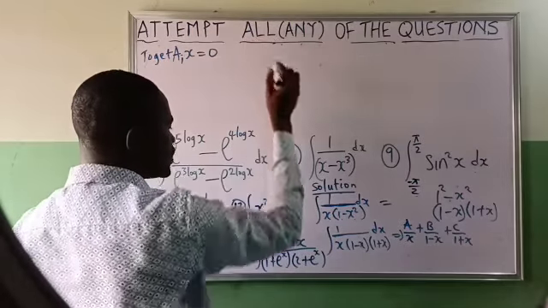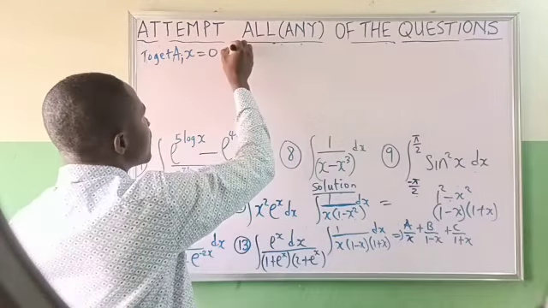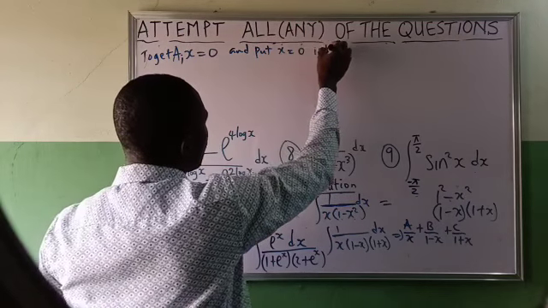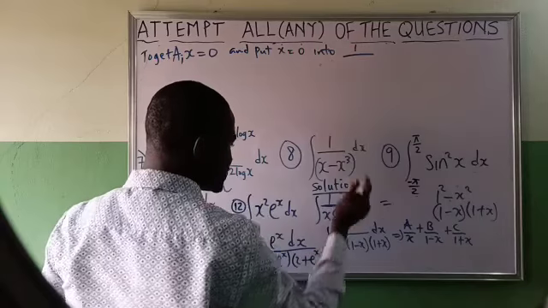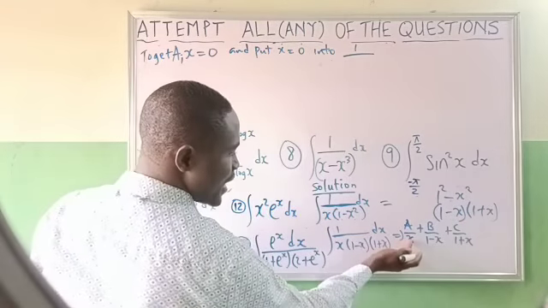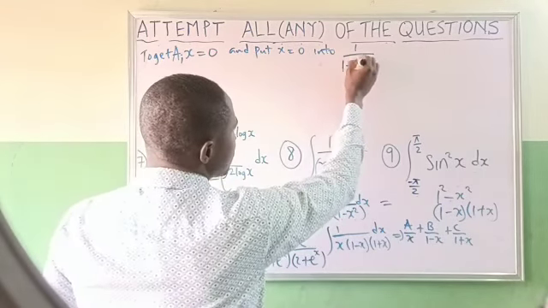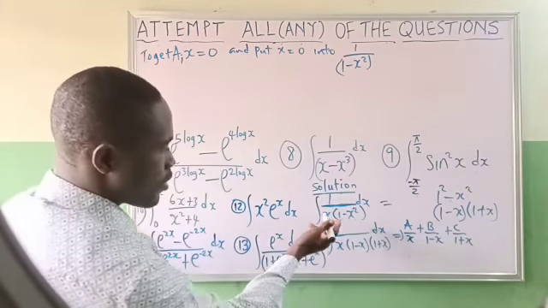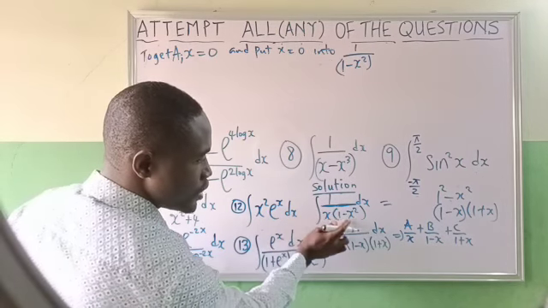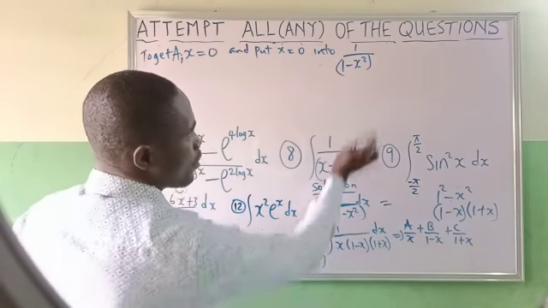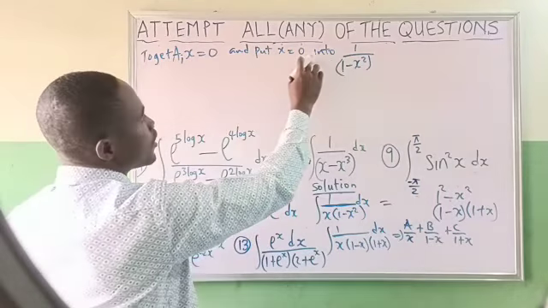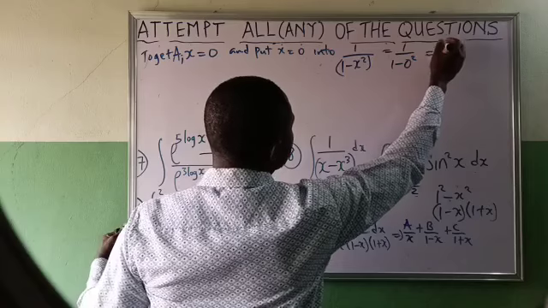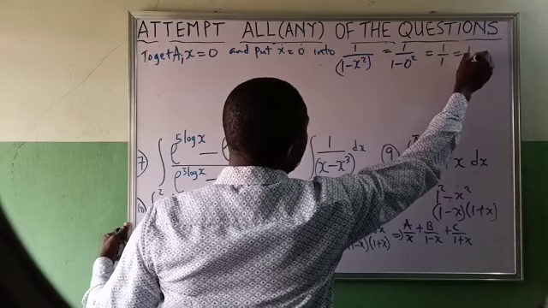So I put x equal to 0 into the numerator, 1, over the remaining denominator. If I make x equal to 0, I'll have 1 minus x all squared as the remaining denominator. So put x equal to 0 into this. That will be giving 1 over 1 minus 0 squared, and that will be giving 1 over 1 equal to 1.